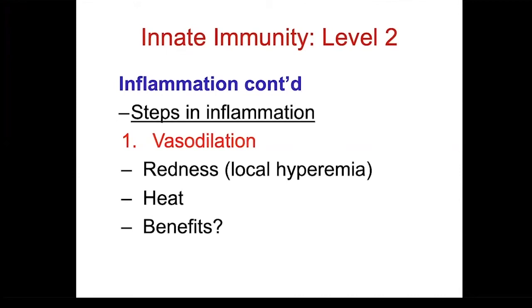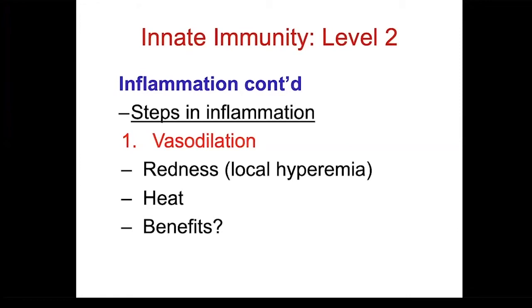Let's talk about the increased blood flow first. Blood is carrying with it plasma proteins. These include antibodies, which will be used against foreign antigens. Complement, which we've already talked about.